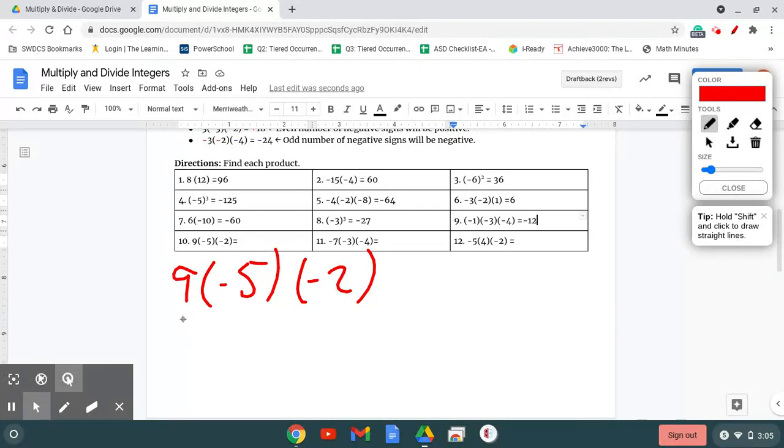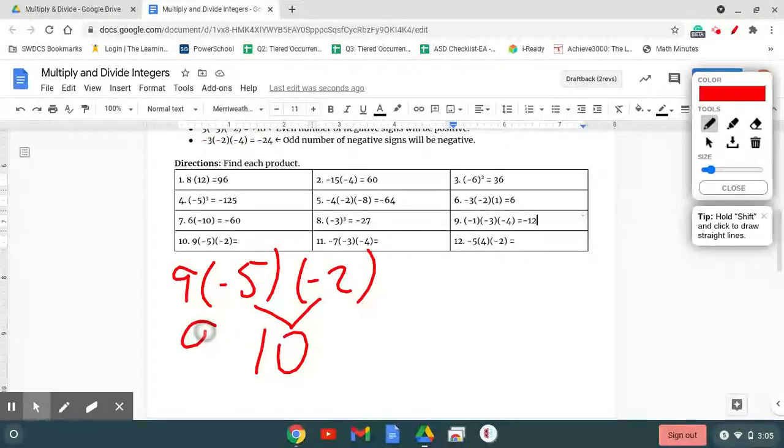So we can do this one of 2 ways. We can take 9 times negative 5, or we can take 5 times 2. I like taking 5 times 2 better because that's going to give me a 10, and multiplying by 10 is super easy. Let's take negative 5 times negative 2. Well, negative 5 times negative 2 is a positive 10. But we can't forget about this 9 because we haven't used it.